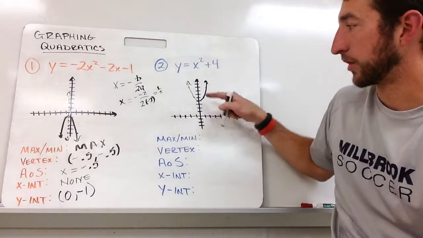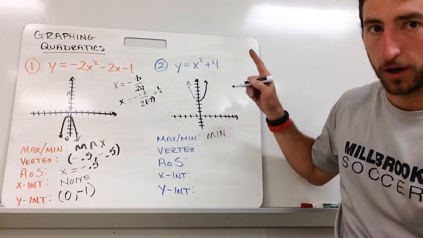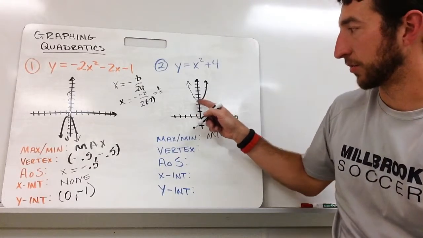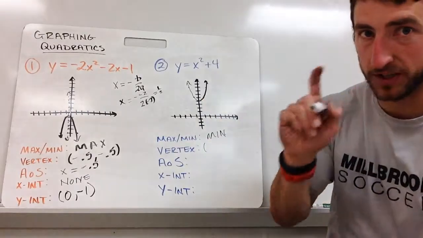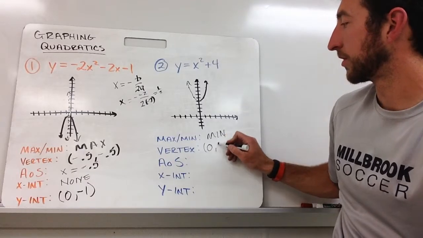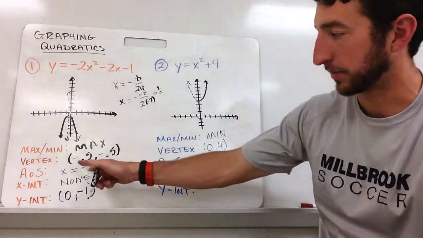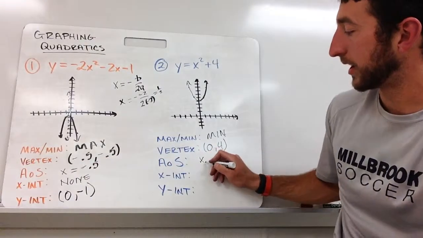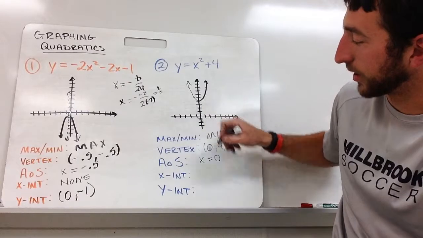This one has a minimum point because it opens up, so it doesn't go below this point. If you do what we just did with vertex, left bound, right bound, you'll find that my vertex is (0, 4). My axis of symmetry, remember, is x equals 0. That's the vertical line that goes right through here.